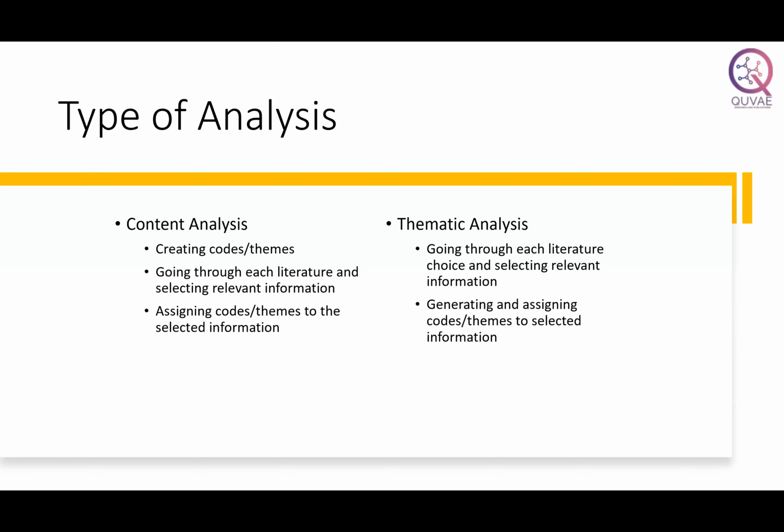For thematic analysis, you create the themes after you go through the literature. So from the literature or study, you select the relevant information, then you decide the themes, and then you assign each of the literature to a theme. So in content analysis you do the codes or themes first, and in thematic analysis you do it after. Okay.